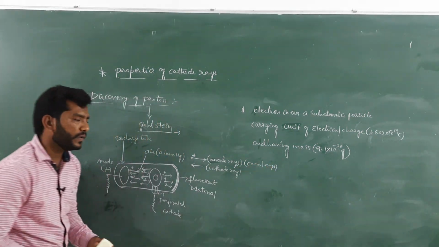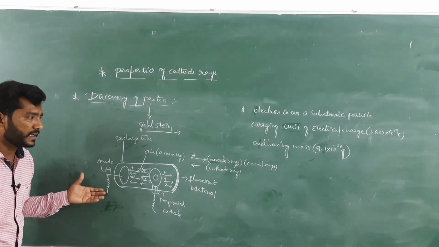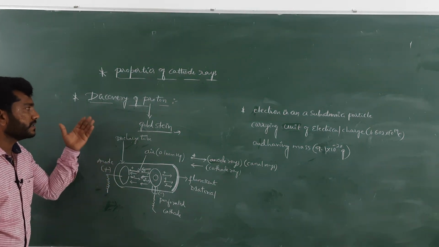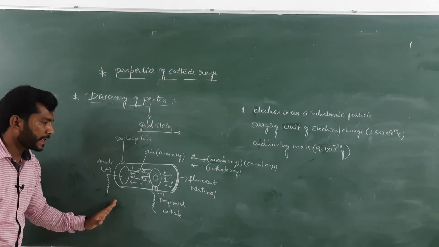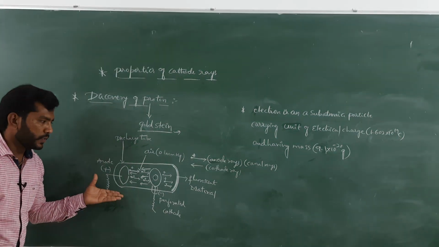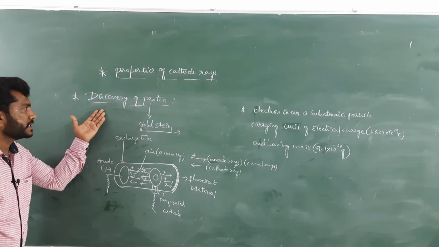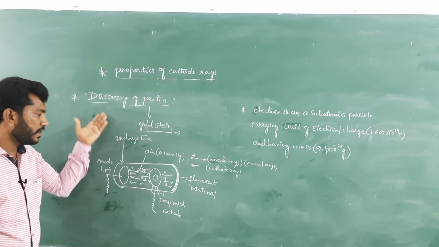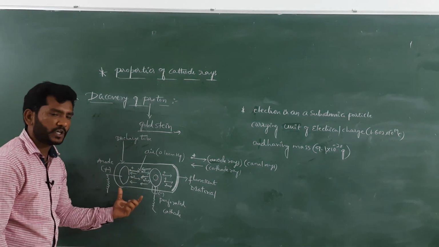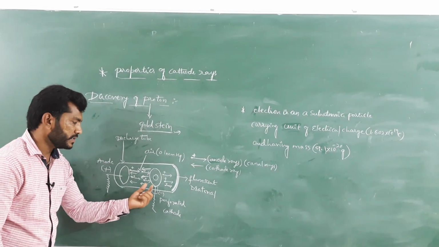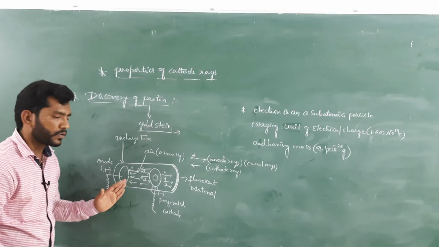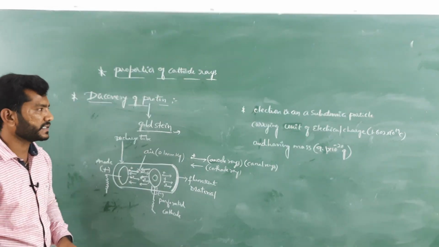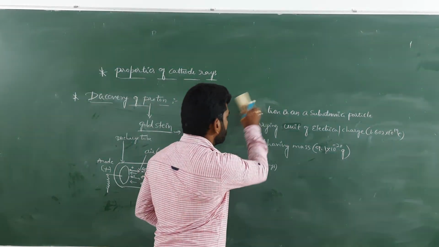Okay, so this is how the experiment is done for the discovery of the proton, with the help of a modified discharge tube, by using a perforated cathode. Okay guys, so next we'll discuss the properties of anode rays one by one.